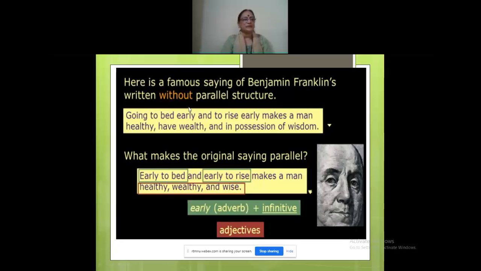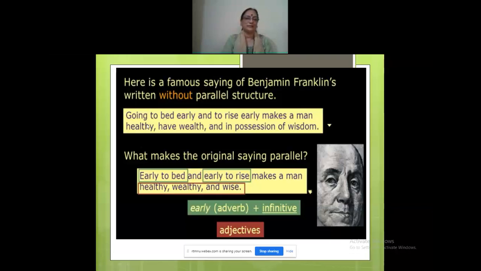Because going to bed early, that is a gerund being used here. Going is verb में ing लग गया तो it becomes a gerund. And to rise early, that is an infinitive because to rise is infinitive. Makes a man healthy. Healthy is adjective.